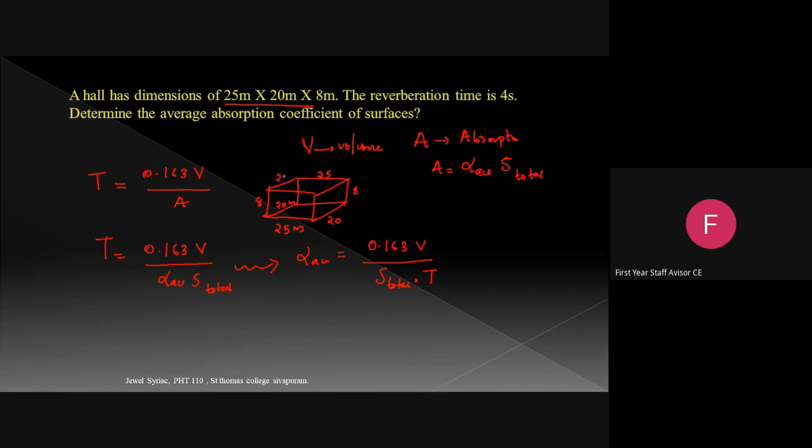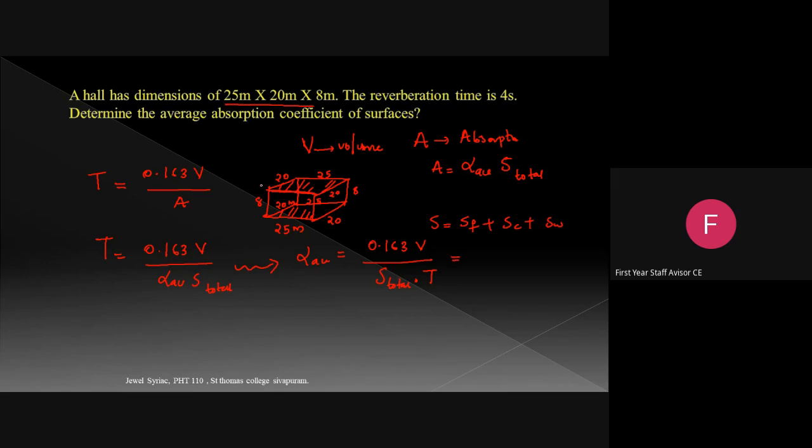So what can we do? First find the surface area of the floor and the ceiling. Total surface area is equal to S floor plus S ceiling plus S wall. That means surface area of floor plus surface area of ceiling plus surface area of walls.